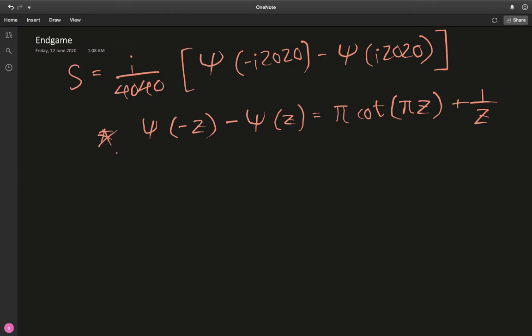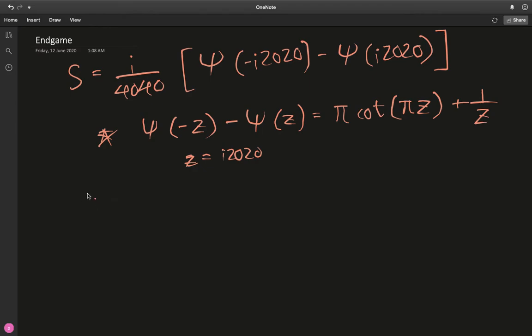reflection formula for a digamma function, and it's actually time to apply this, because notice that we have a difference of digammas, right? That was the original motivation for going forward with this discovery. So notice that z in our case is just going to be I times 2020, because we have a negative of z first minus the positive version.